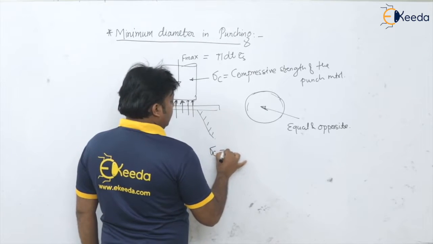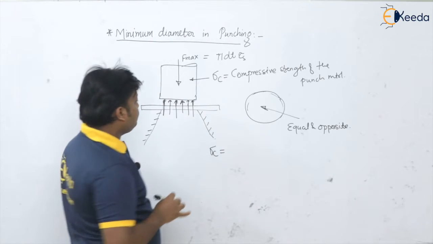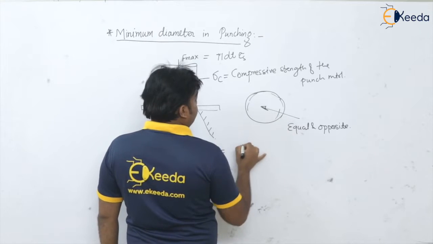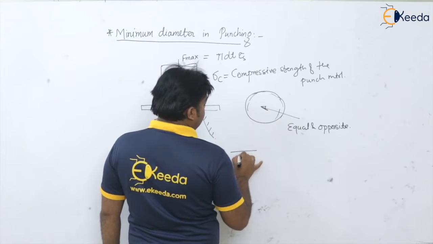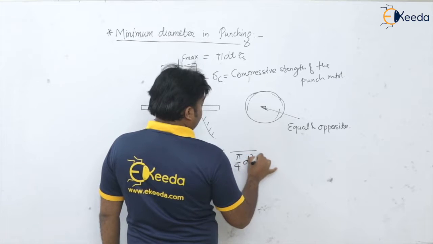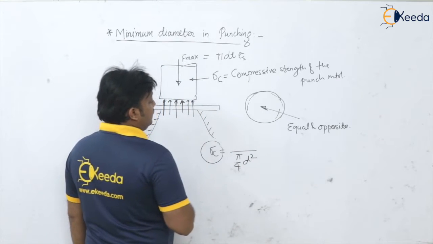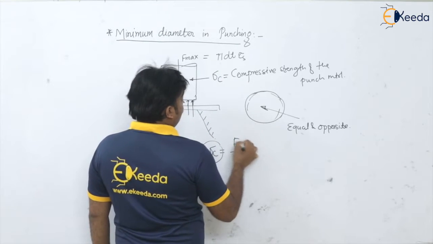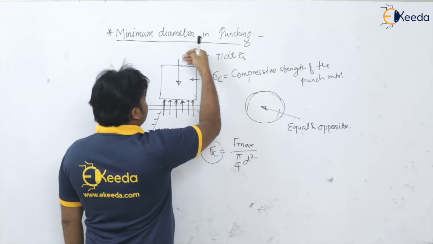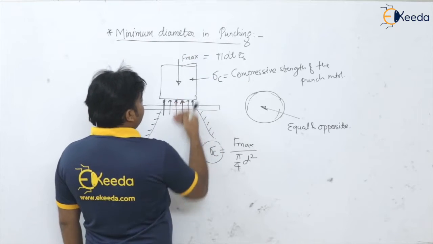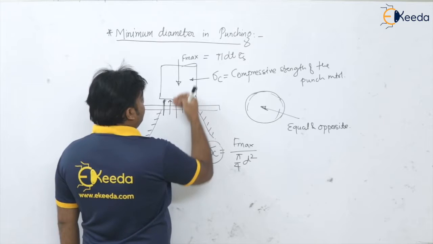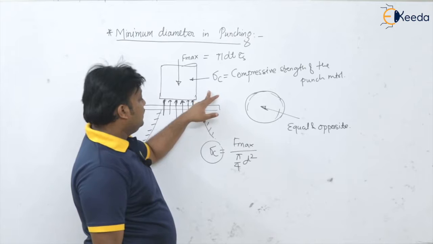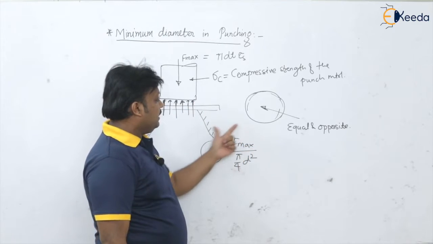That sigma c, allowable compressive strength, will be calculated using the cross section area of the circle, that is pi by 4 times d square. And what is going to act as F max? So equal and opposite F max. For that F max, it will give the reaction at the bottom portion of the punch, as sigma c is equal to this force divided by area.